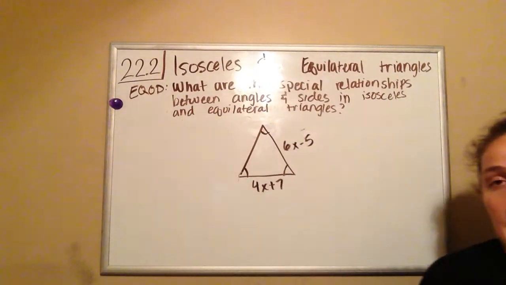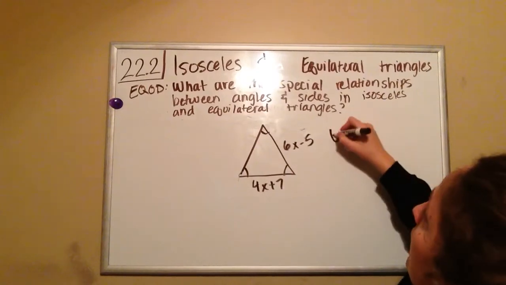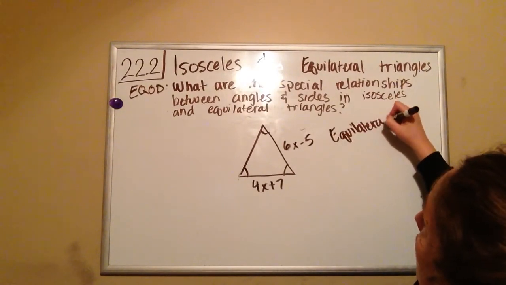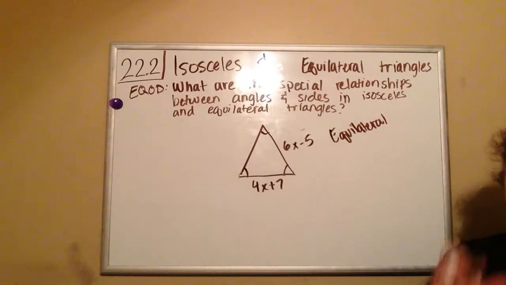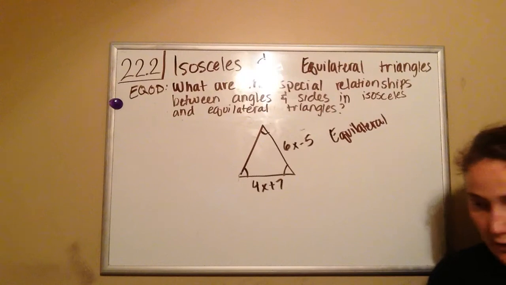You have to hone in on the fact that it's equilateral, which means that all of the sides are the exact same length. All of the angles are the exact same size at 60 degrees each.